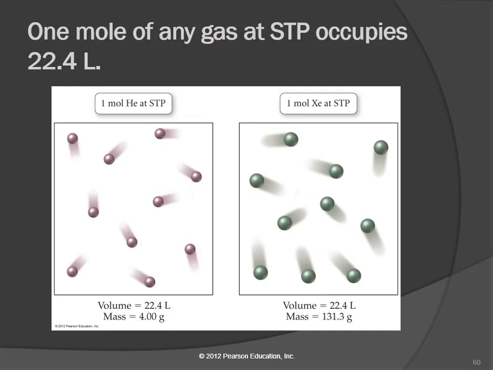Xenon's at the bottom, helium's at the top. Does the size of the particle matter in a gas? Nope. So the volume of the helium is 22.4 liters. The volume of the xenon is 22.4 liters. Are the masses the same? No. The masses are different, but the volumes are the same. It's weird.